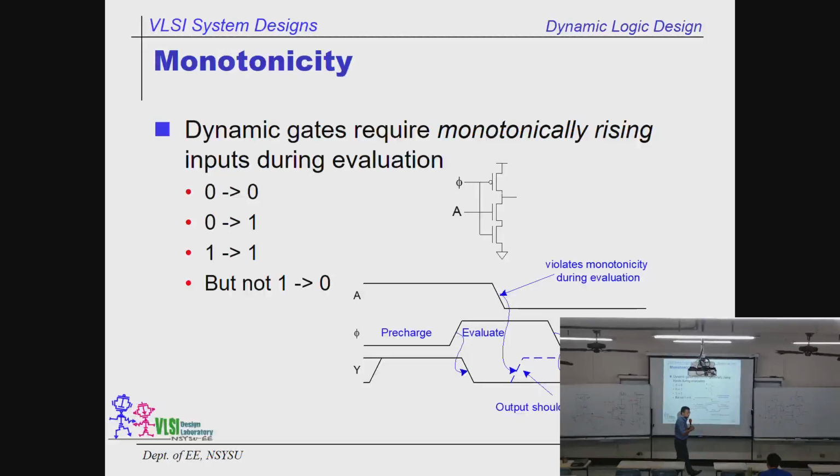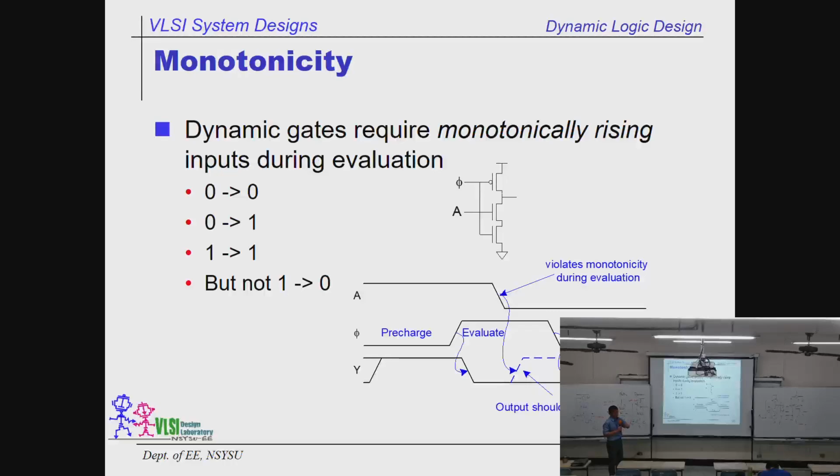So this is the problem of dynamic logic. Dynamic logic cannot satisfy the basic rule for all cases. One of these 4 cases will fail. That is, there is no current path to bring back the logic to high during evaluation.